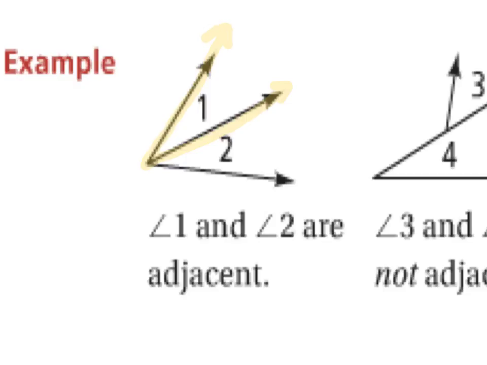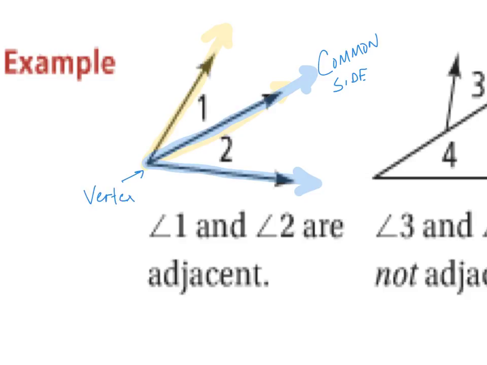Angle 2, I'm going to put in the blue, and angle 2 is right here. Where you see the yellow and the blue, this is the common side, and it happens to be a ray. And this guy right here is the vertex.